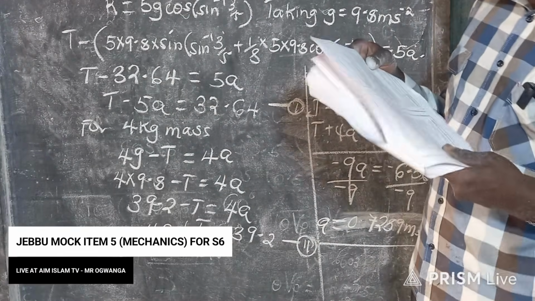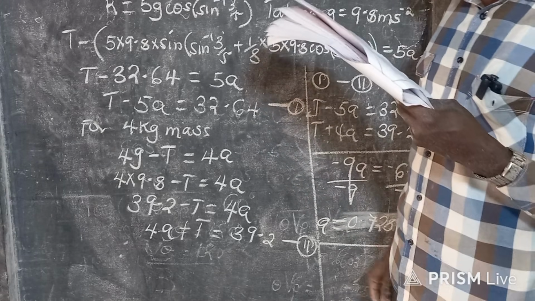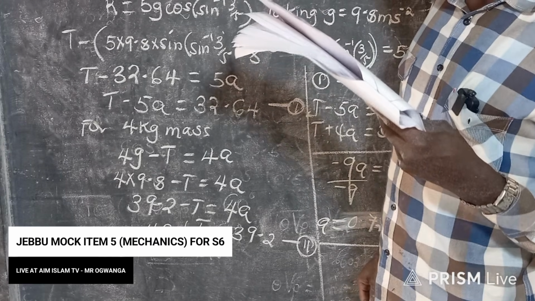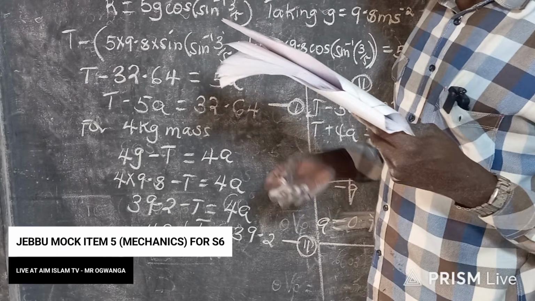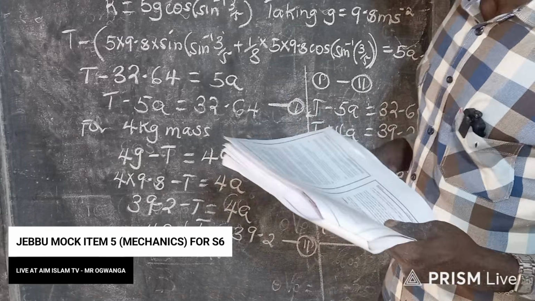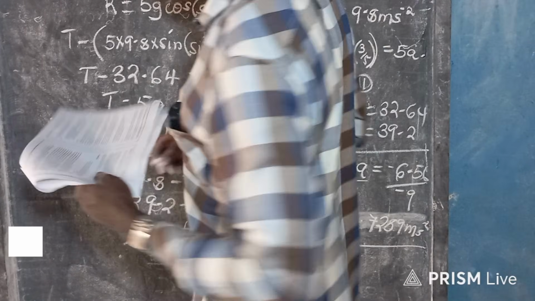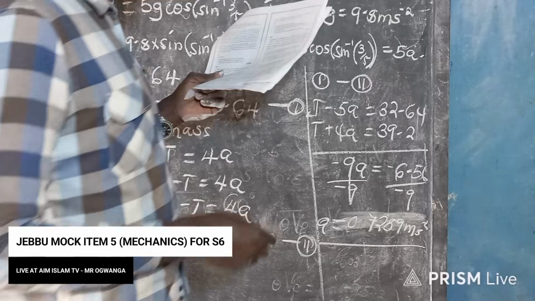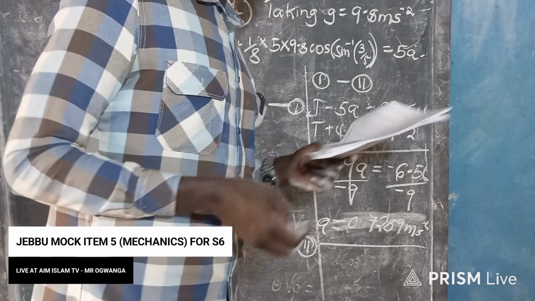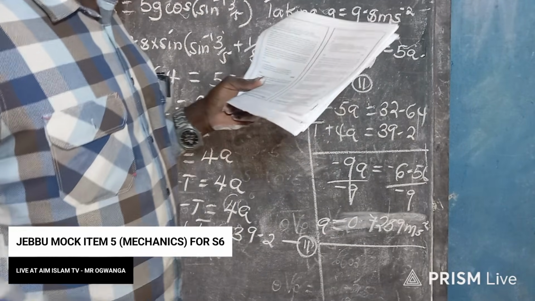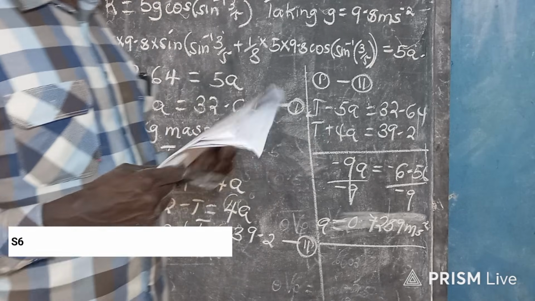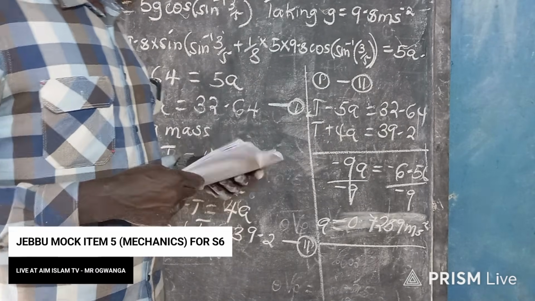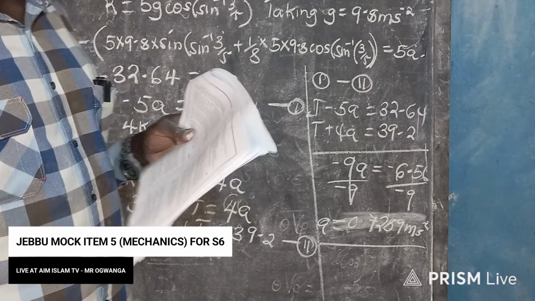Remember, for the hanging mass Q to reach the ground, it was initially at a point 2 meters above the ground. Which means if I consider that statement, they say initially, meaning that the initial velocity is 0, since the body is at rest.